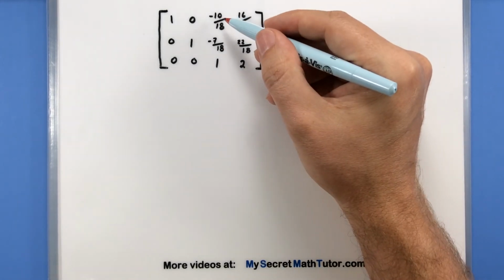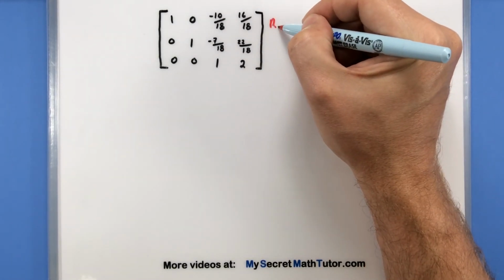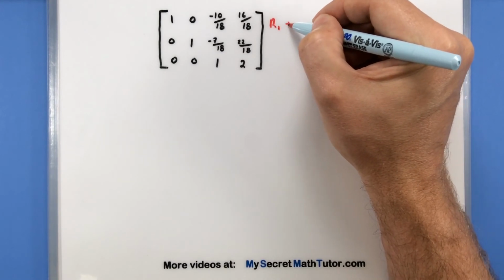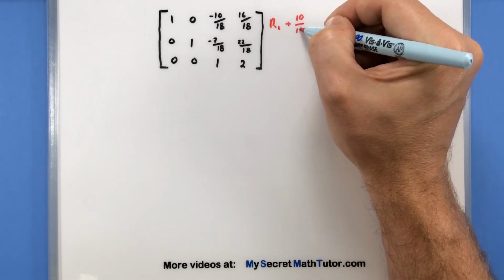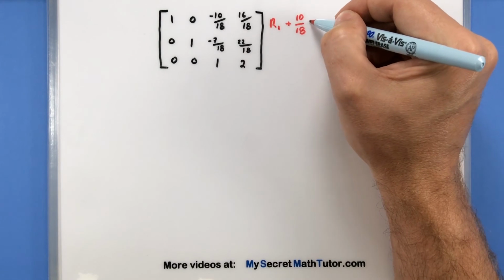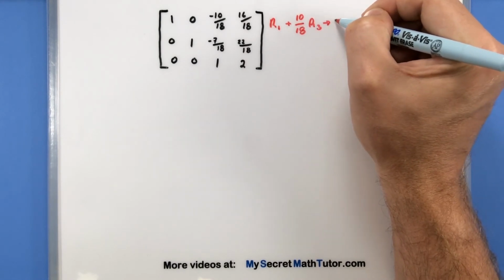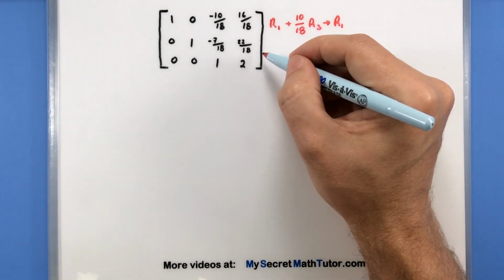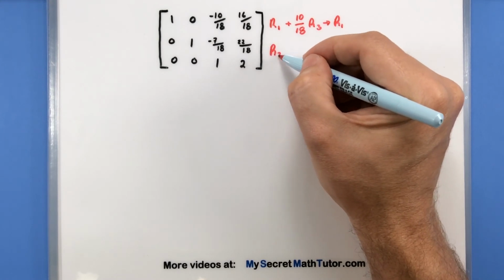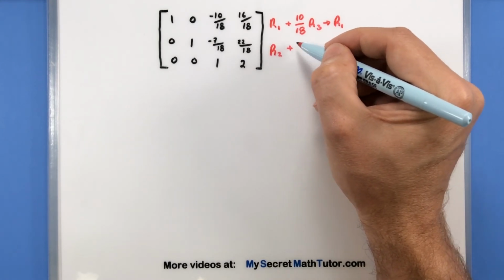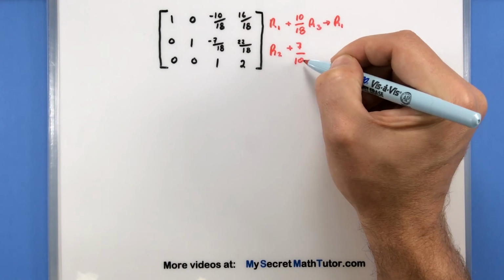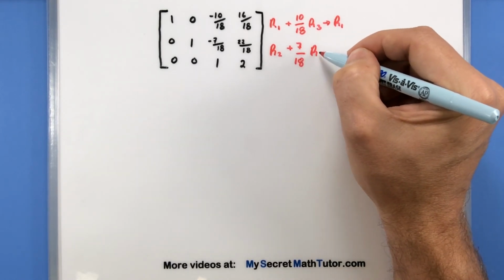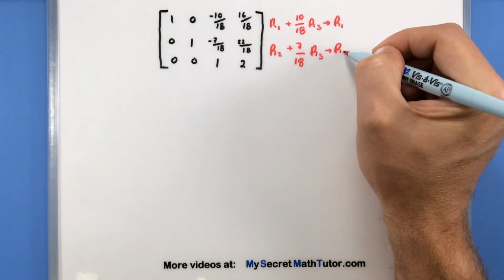To get a 0, we'll take our row 1. We'll need to add 10/18 of row 3. And then this will become our new row 1. We need to do something similar for row 2. So row 2 plus 7/18 of row 3. And that becomes a new row 2.